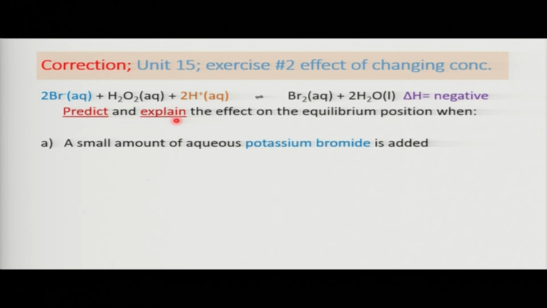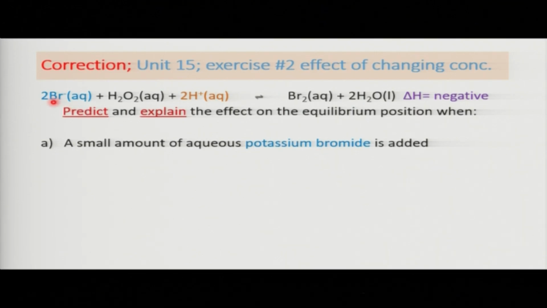Predict and explain the effect on equilibrium position when a small amount of potassium bromide is added. In this case, when you add potassium bromide, it brings in bromide ions. The first consequence is that the bromide ions will increase because this ionizes.